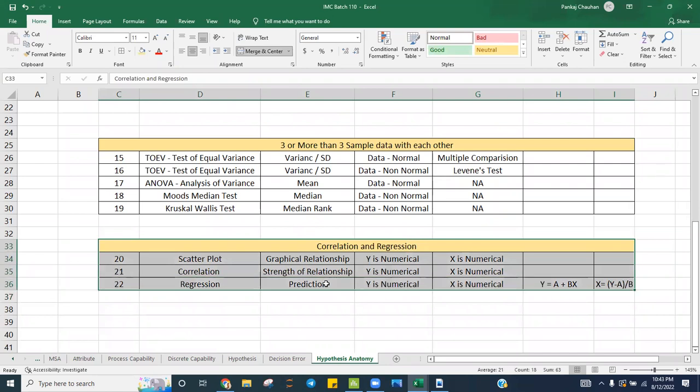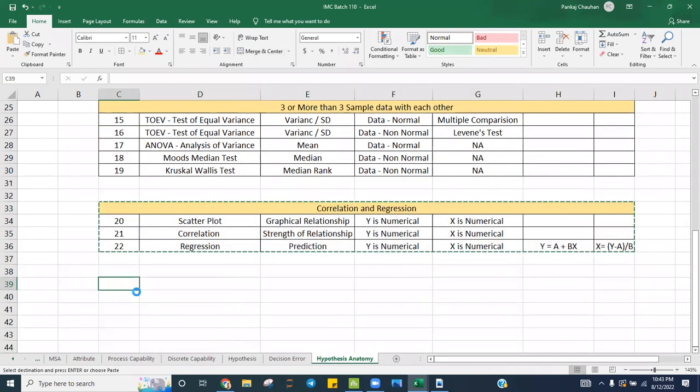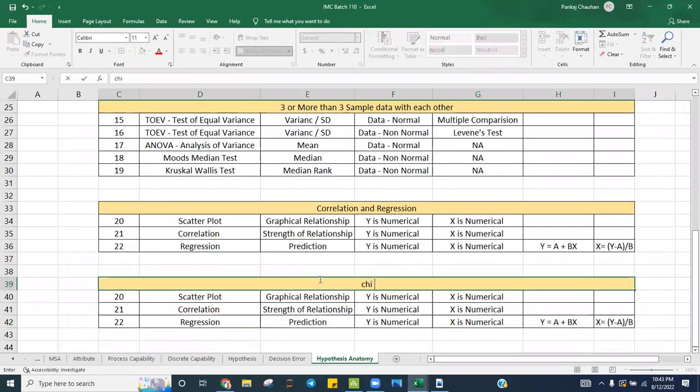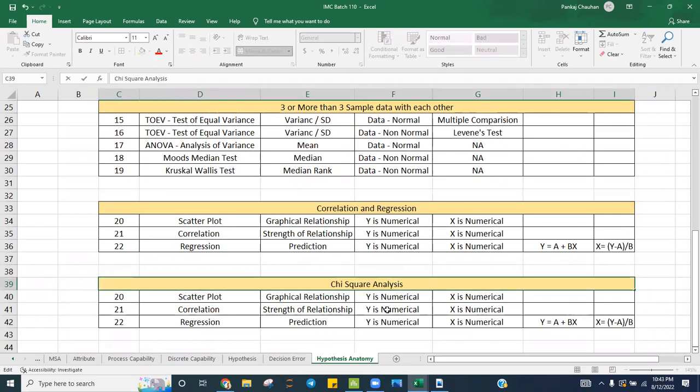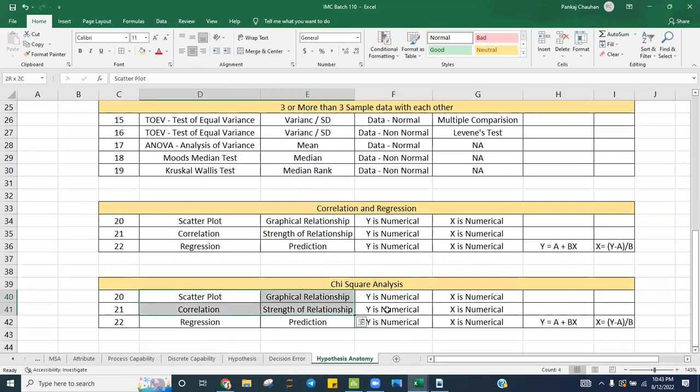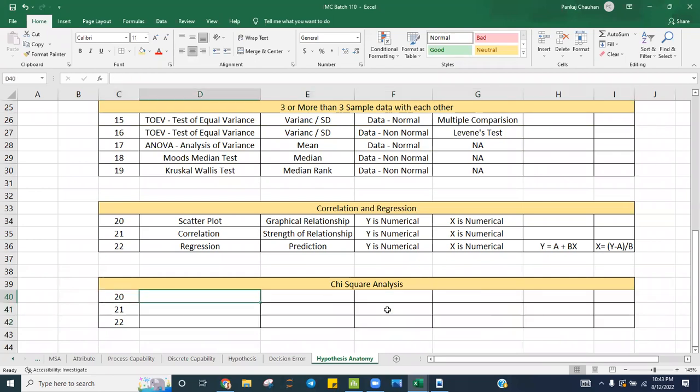Another test which we are going to learn is the chi-square analysis. Chi-square analysis we perform when, first test is the goodness of fit test, which is also called a one variable test.